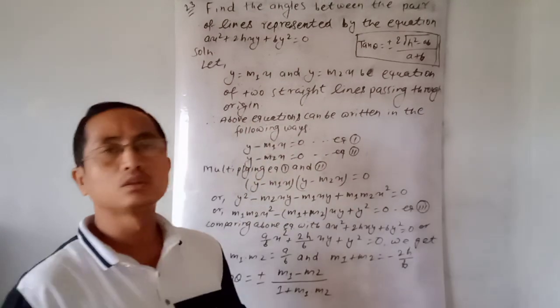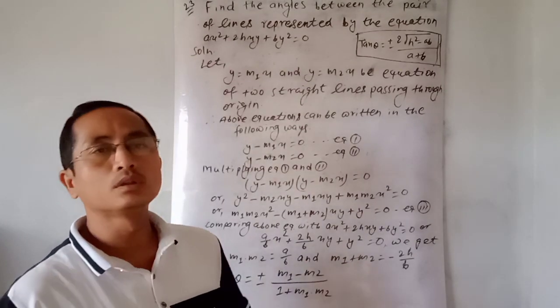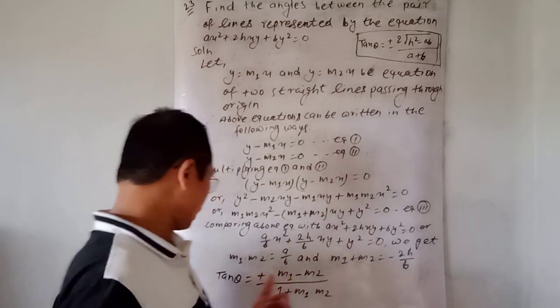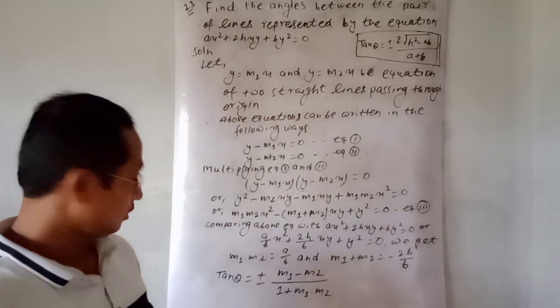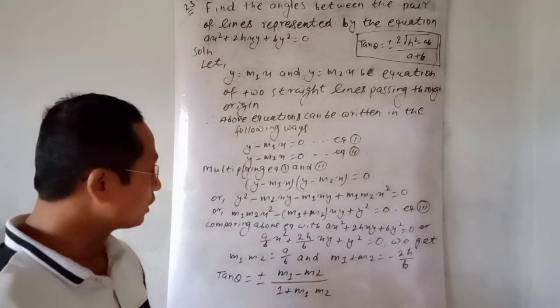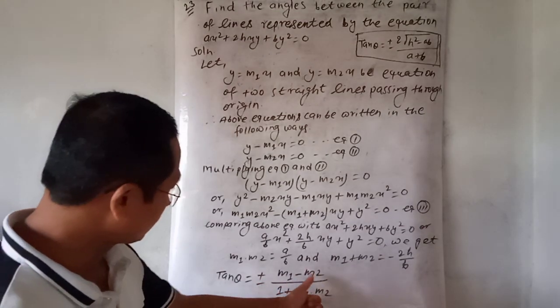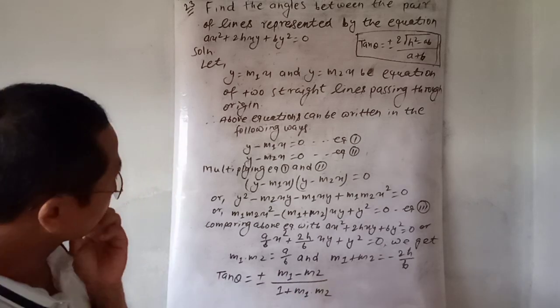Here m1 is the slope of the first equation, m2 is the slope of the second equation. So by using this very formula, we calculate the angle between these two straight lines.